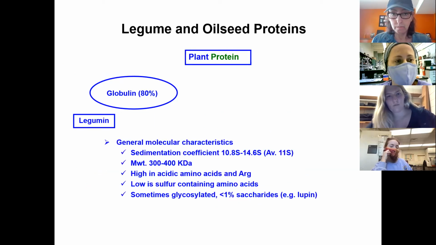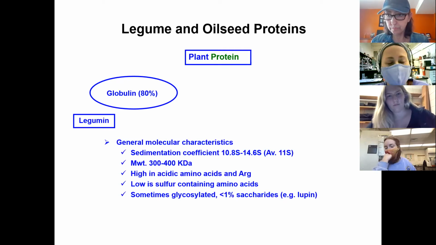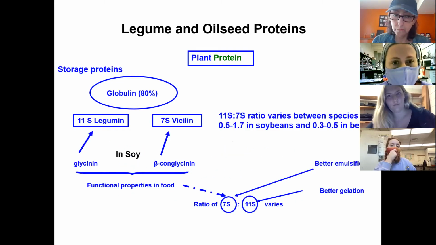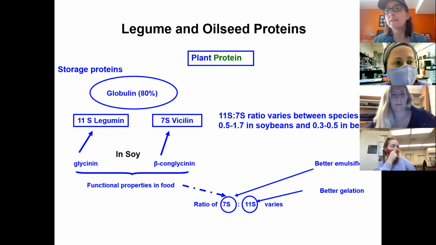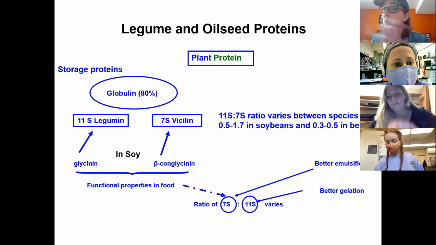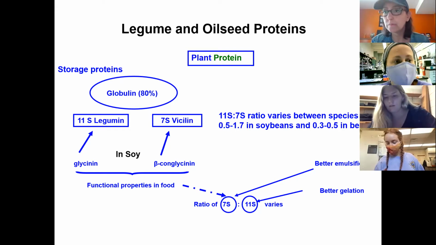I have a question. I feel like this might be a dumb question, but when it's talking about 11S and 7S, that's actually referring to the sedimentation coefficient, right? Or is that referring to something else? Yes, it is the sedimentation coefficient, which is very common nomenclature in the globulin world of legumes or plant proteins because that correlates to the molecular weight.